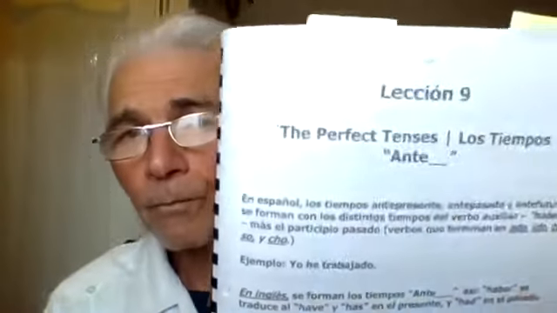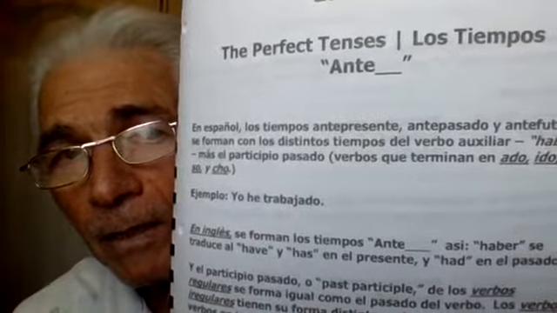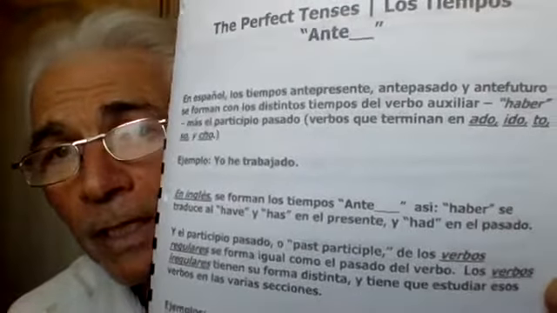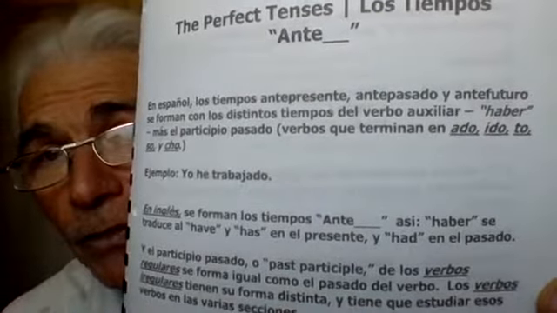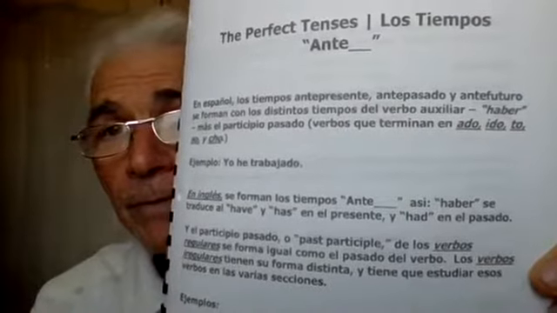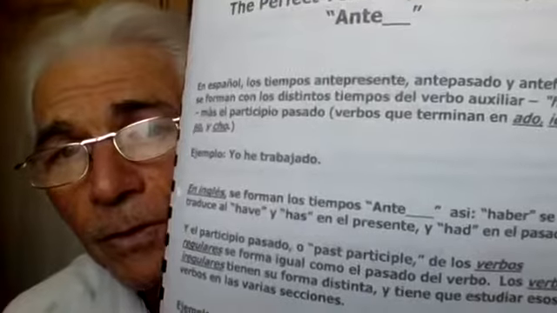So first of all, as I keep saying, in class and in the book, the lesson, the rule is explained in Spanish first. So here we explain the similarities and the differences, of course.